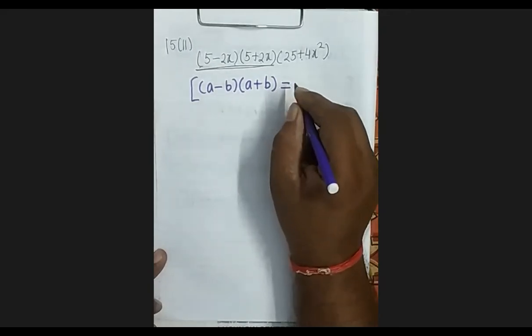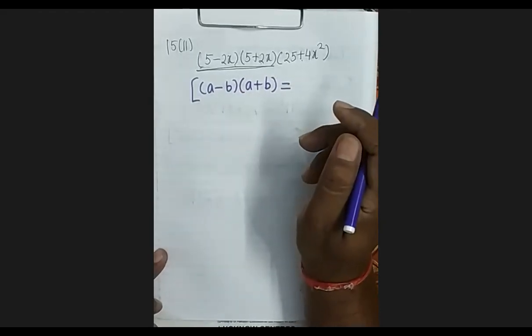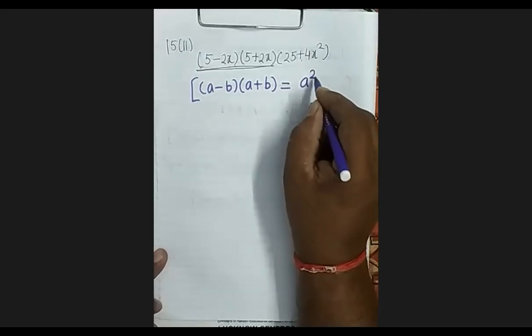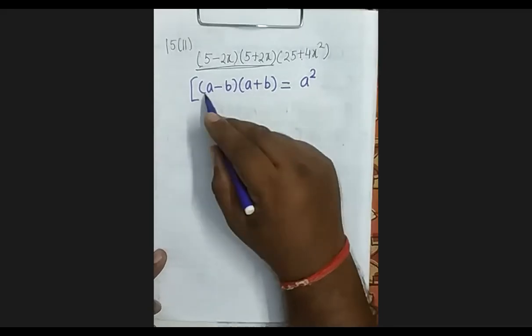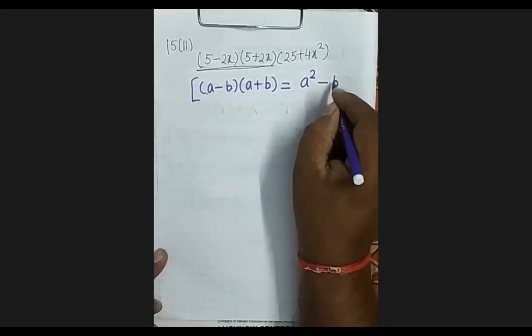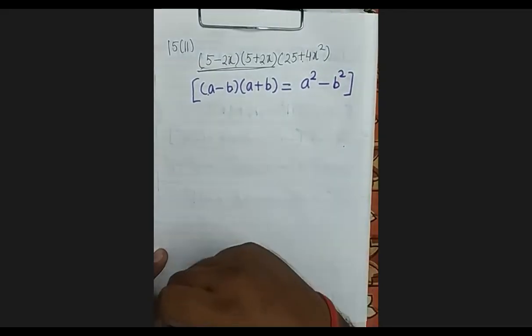Ali Ayan, what will be a minus b into a plus b? Sir, a square minus 2ab plus b square. No, it is not. It is a minus b into a plus b, a square minus b square.